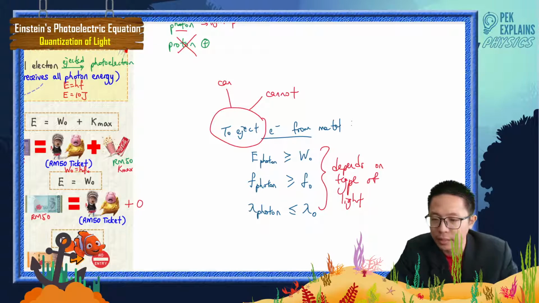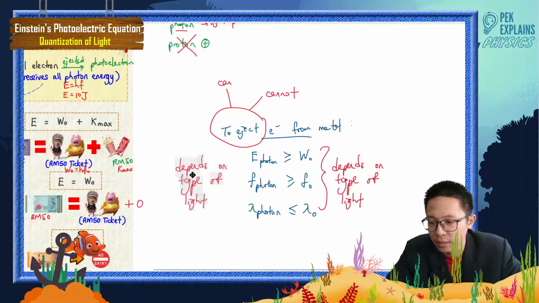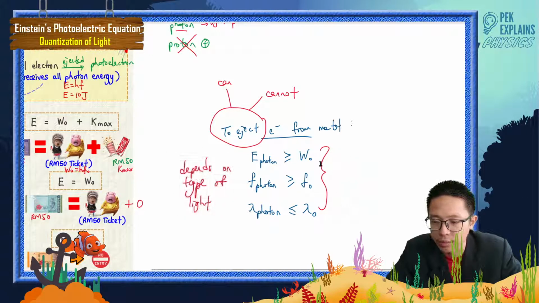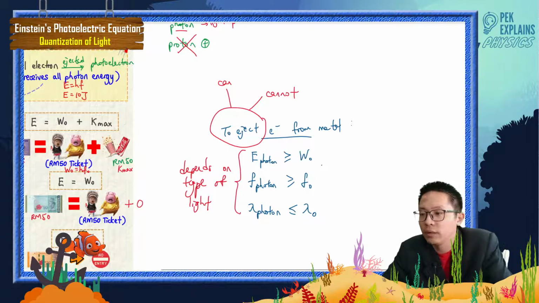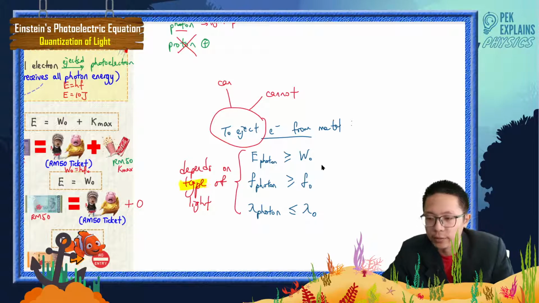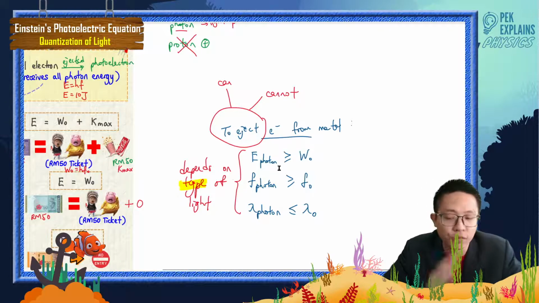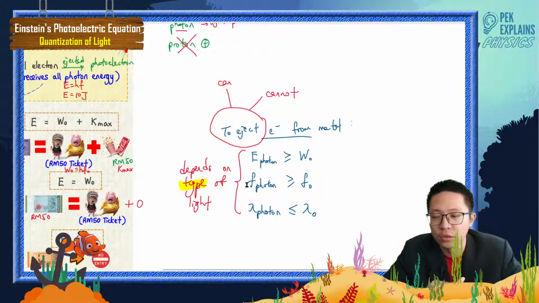We can say, I should actually put it here. Yeah, this one is better. So actually it depends on type of light. Not all light can eject the electron. Some photons can eject the electron. Some photons don't have enough energy to eject the electron.